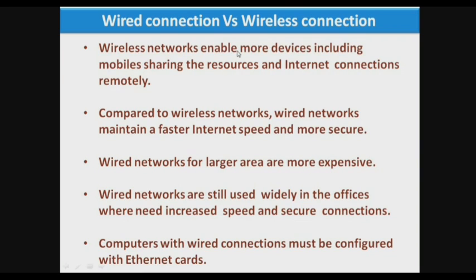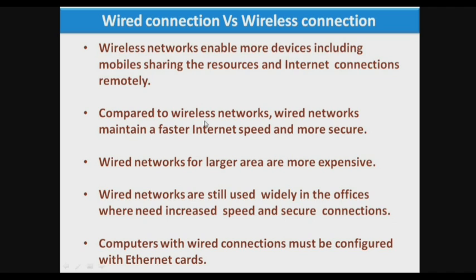Wireless network enables more devices including mobiles, which are used to share resources and internet connection remotely. So these devices will be placed in different places and they can be connected with wireless technology. It may be Bluetooth technology, Wi-Fi technology or infrared or microwaves. So we can enable different devices which are placed remotely to share resources and get internet connection.